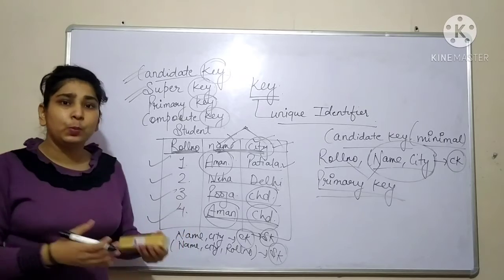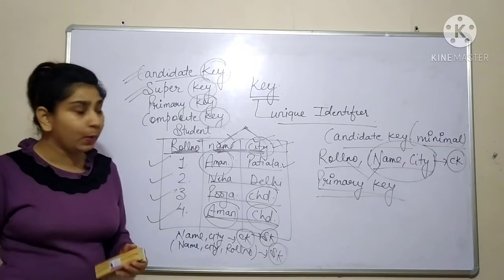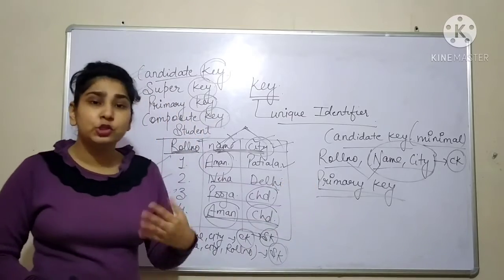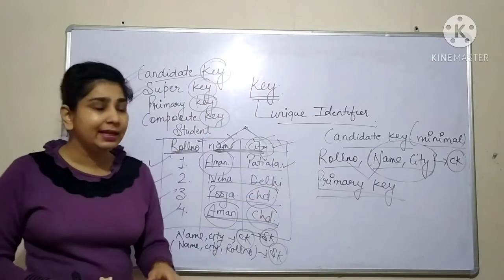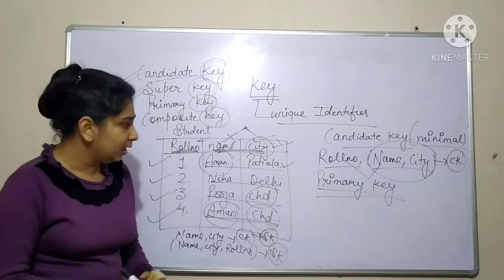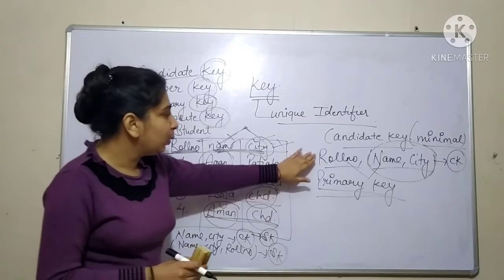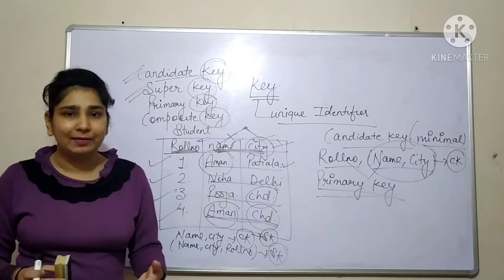In the end we have to use only one candidate key in our table. So primary key is choosing one key out of these two candidate keys. Which key will we be using? We prefer to choose the key which has the minimum number of attributes.